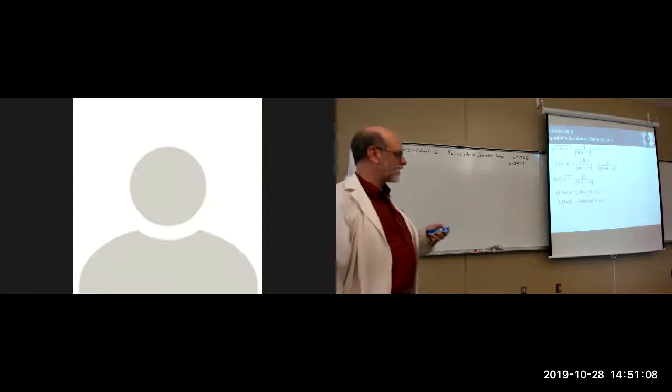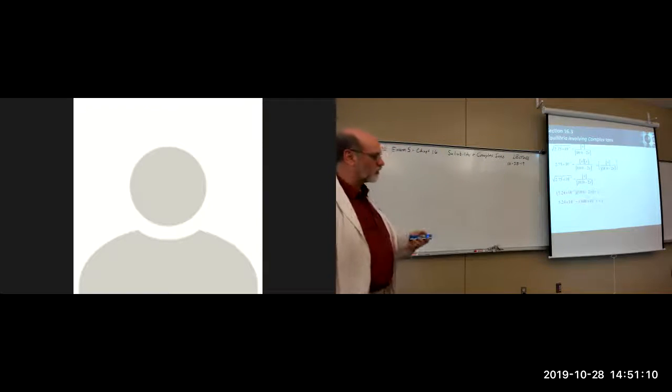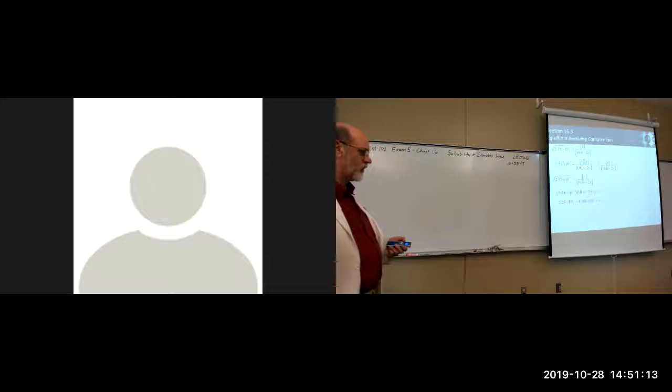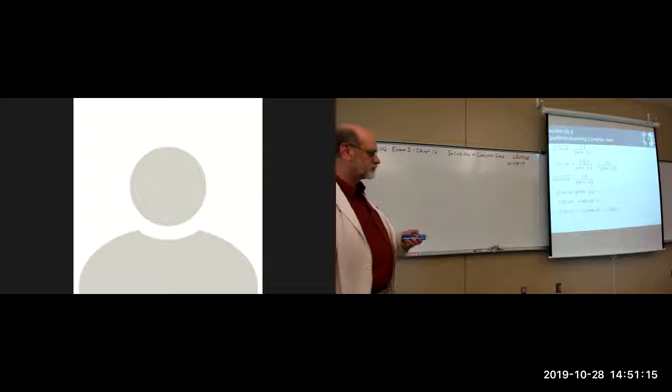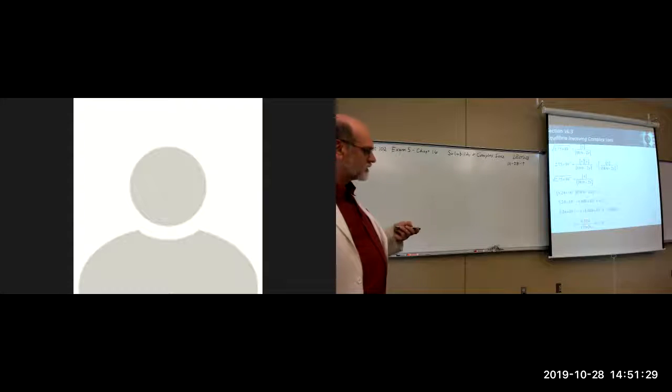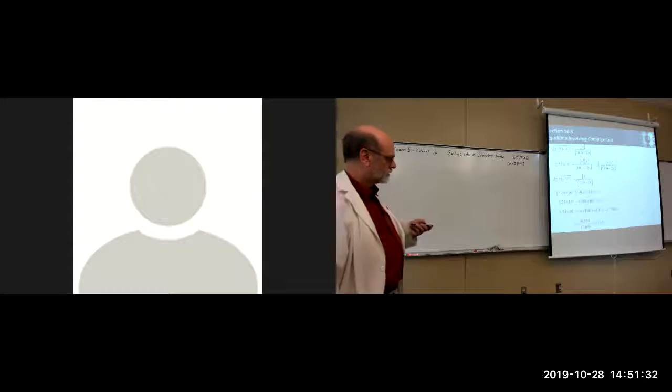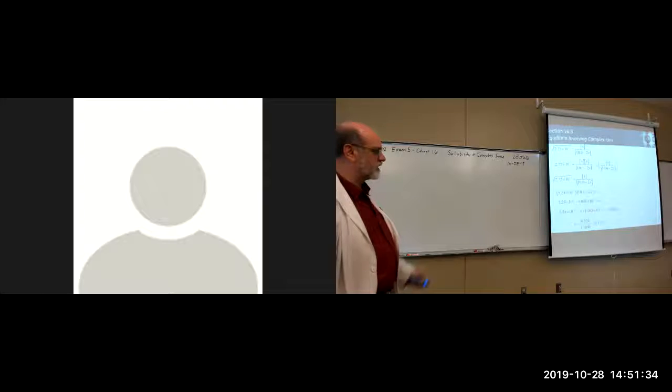So we add x plus 1, or 10.48, no, 0.1048, excuse me. So there's our x value, and we just solve for x. And we find that the solubility, or x, is 0.47 molar.